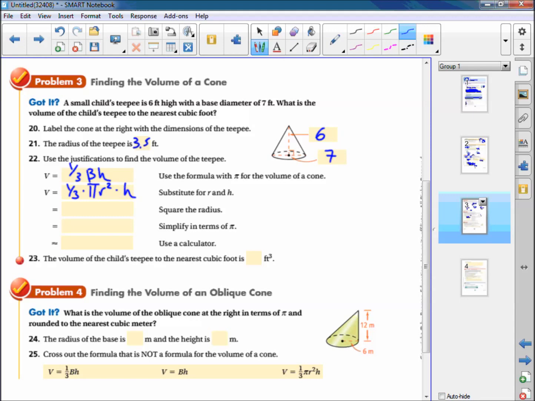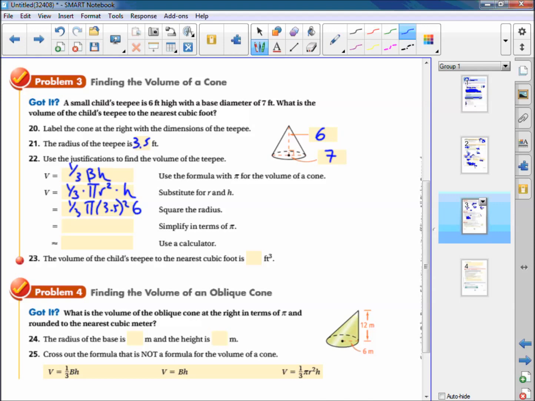So this will become 1/3 pi, and in place of r, we'll put 3.5 squared. That's our radius. And our height is 6, okay? All right, so we'll simplify this in terms of pi.